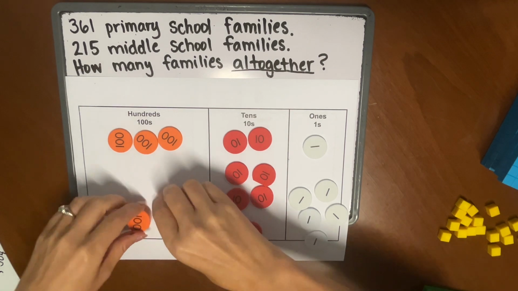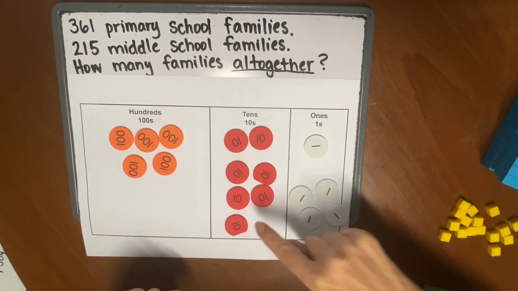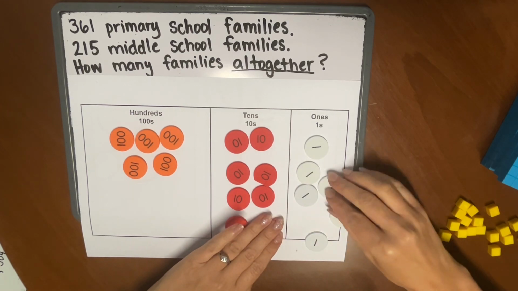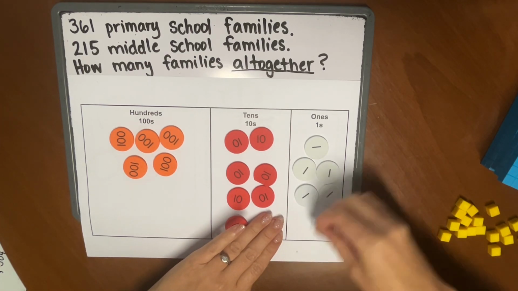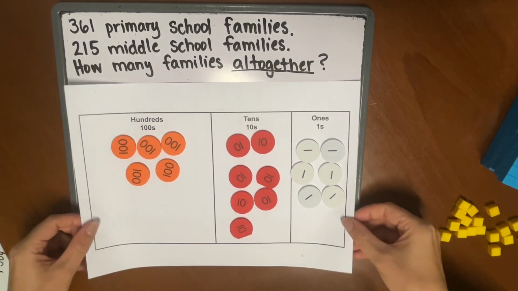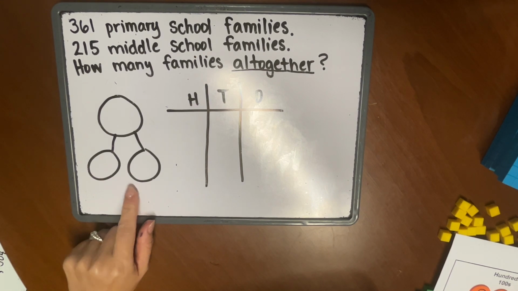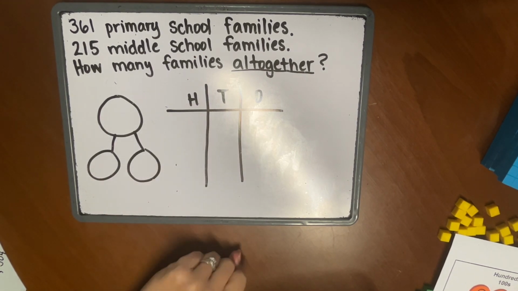When I put it all together, I can see that there are 5 hundreds, 7 tens, and 6 ones: 576. Let's go ahead now and draw this using a part whole and a hundreds, tens, and ones chart.